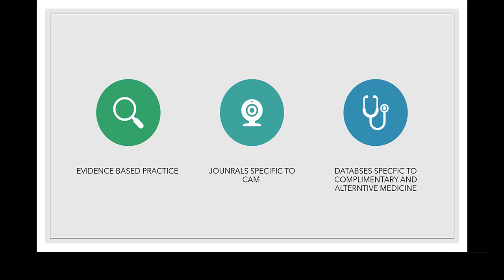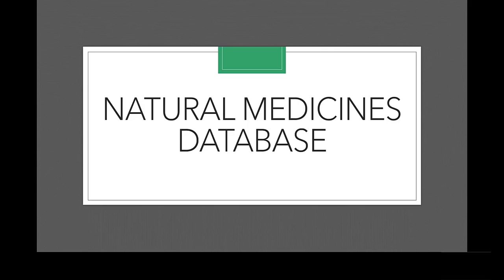Other databases such as Cochrane and CINAHL will also be helpful resources, but you'll have to use a keyword search, using complementary medicine with whatever condition you're researching. Now Vincent will go over a quick tutorial of the Natural Medicines database.